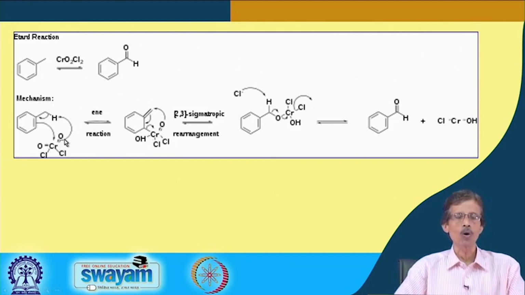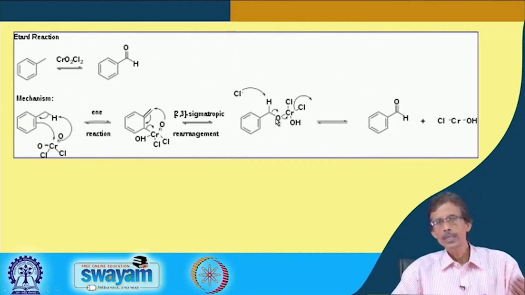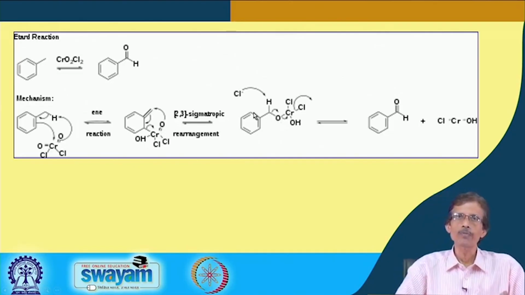One of the CrO bonds is converted to CrOH, the other remains as a double bond. In the second step, this can attack the corresponding ene function, and the attack through the other double bonded oxygen will give some carbon oxygen bond formation, which is the basic requirement for our conversion to benzaldehyde.